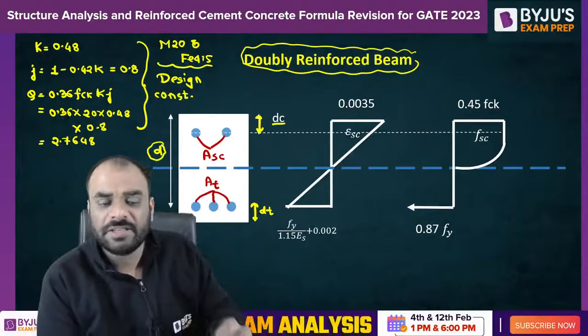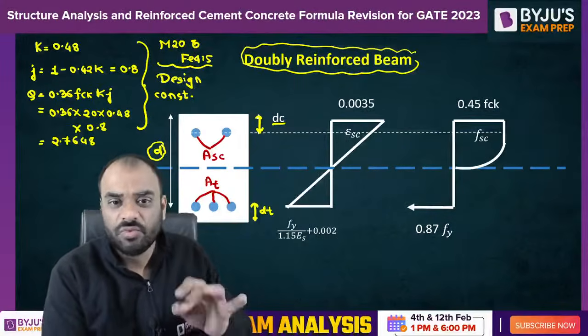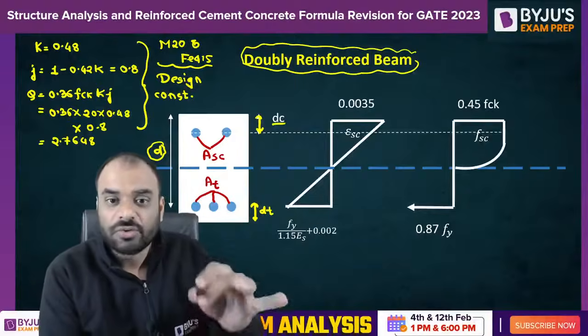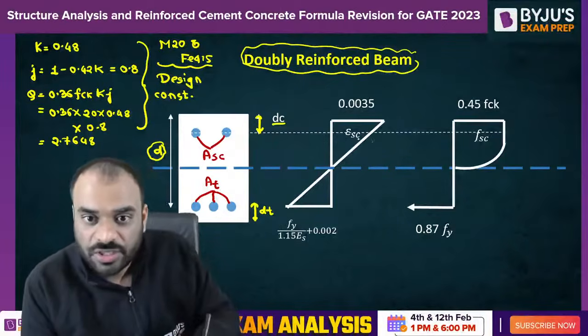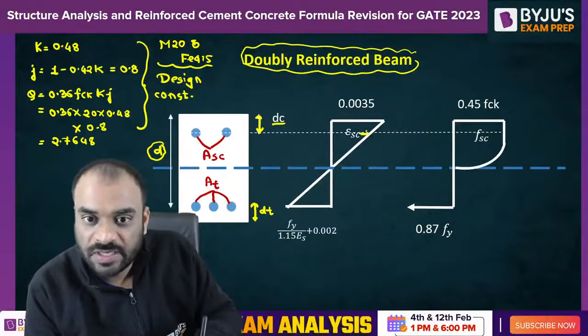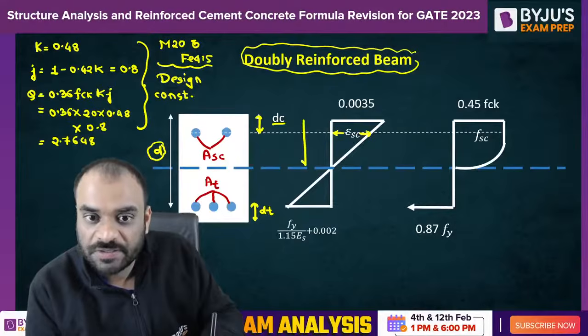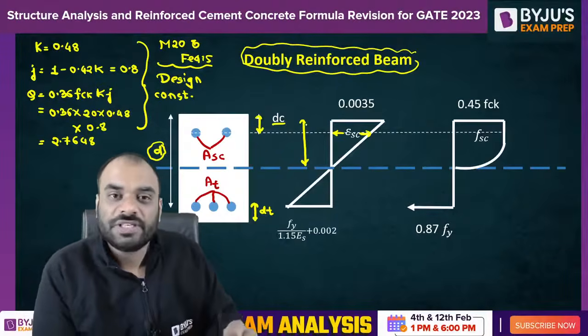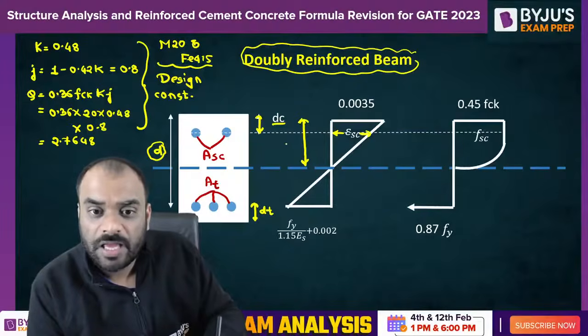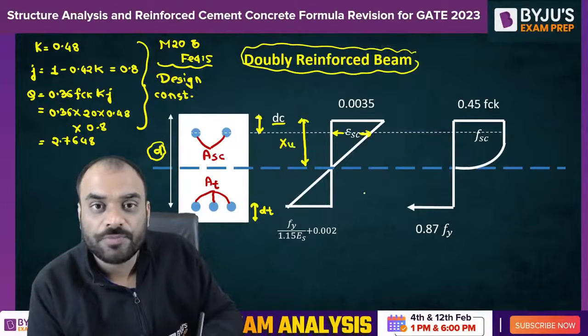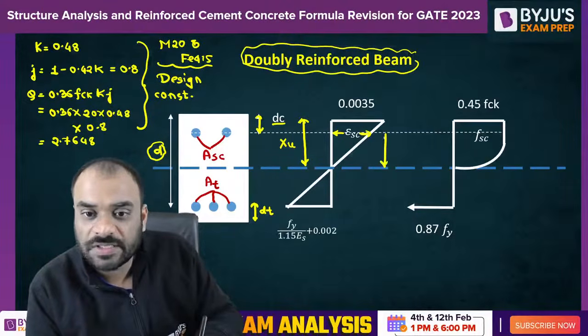Now, guys, in this particular doubly reinforced section, the most important thing is to calculate the strain at the level of compression steel. You can see here, this is the strain value, which is εsc. So we need to calculate how much it is. How can we do it? By using the similar triangle concept. Let us suppose this is our actual depth of neutral axis xu. So what is this distance? This will become xu minus dc.